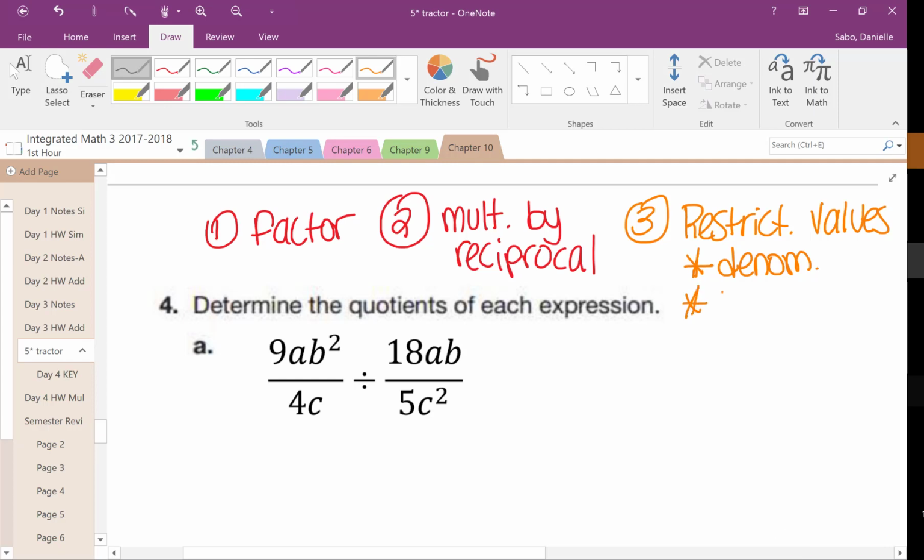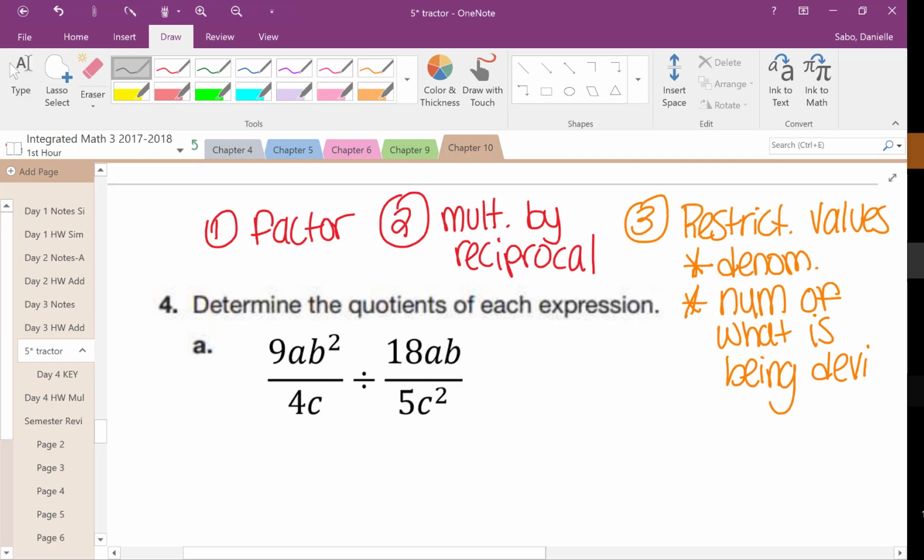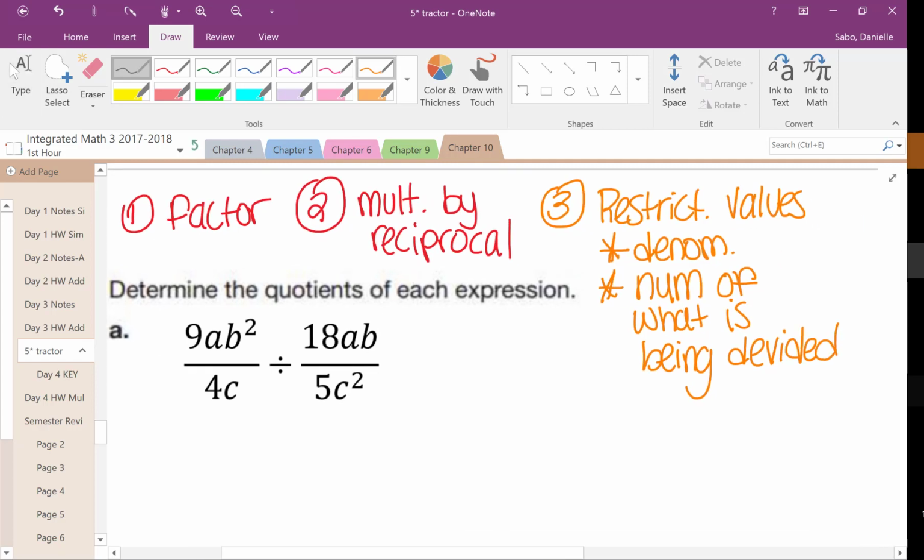Also include the numerator of what is being divided, because when you flip the fraction, you now have something else on the denominator. And it's easier than you think. We'll talk about it when we get there. Make sure that you have those notes for when you go back and look at them.